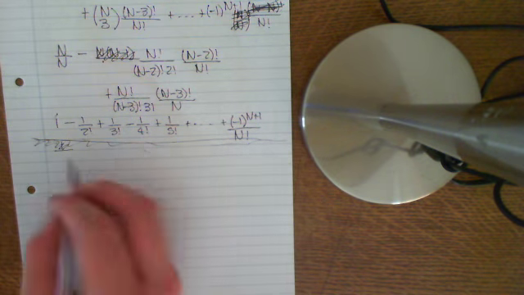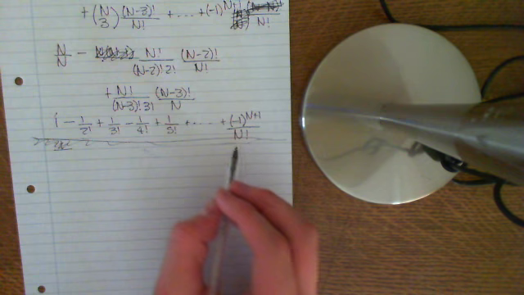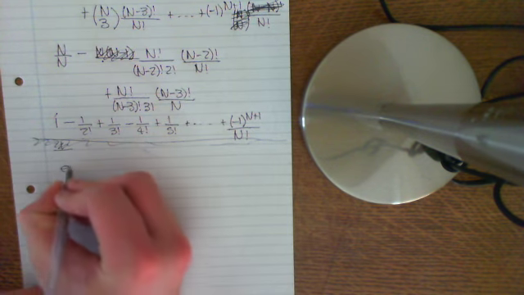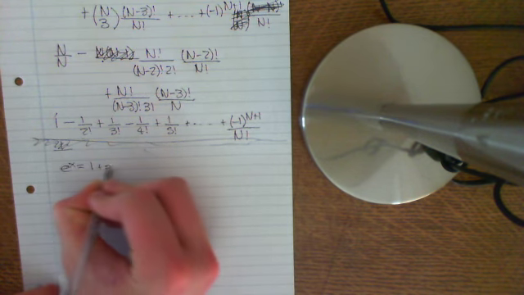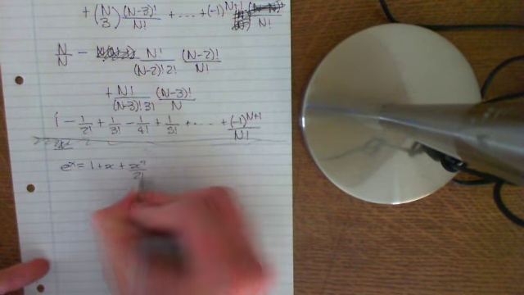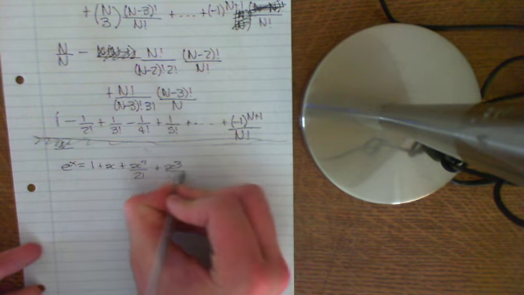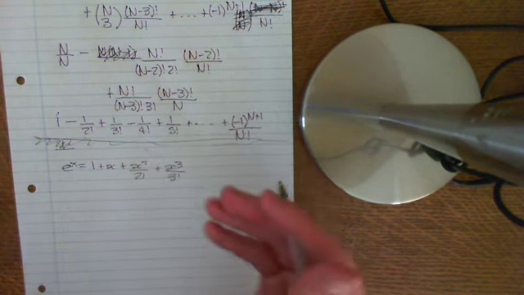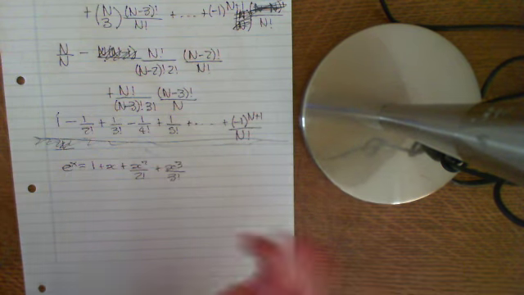What you might note, though, is that this is very similar to the Taylor series for e to the x. So the Taylor series of e to the x is 1 plus x plus x squared over 2 factorial. Well, this is actually the Maclaurin series for e to the x, but most people call it the Taylor series because, you know, Taylor's theorem. I don't know whether Brook Taylor actually proved Taylor's theorem. I presume he did.